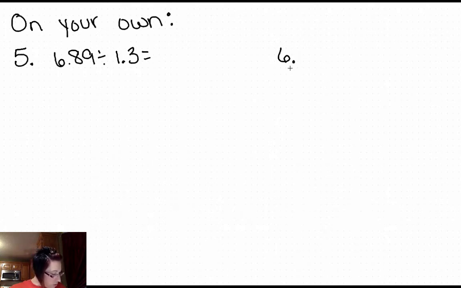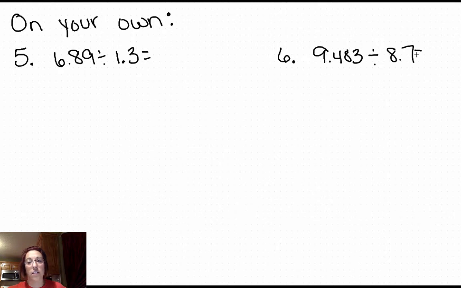Let's go, 9 and 483 thousandths divided by 8 and 7/10.